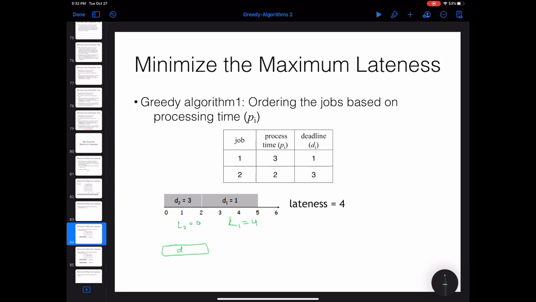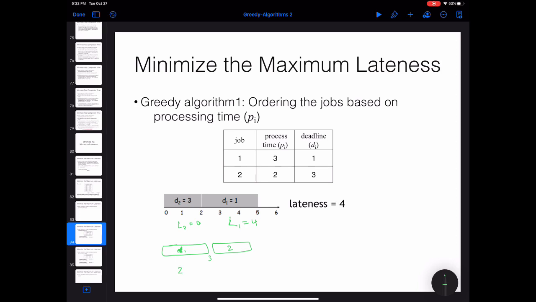If I did D1, then if I did the first job and then the second job, the first job would take 3 steps to finish, so there will be some lateness anyway for this job.